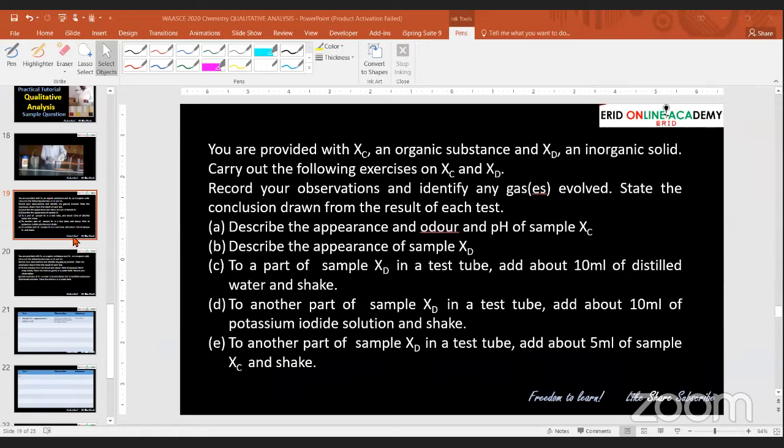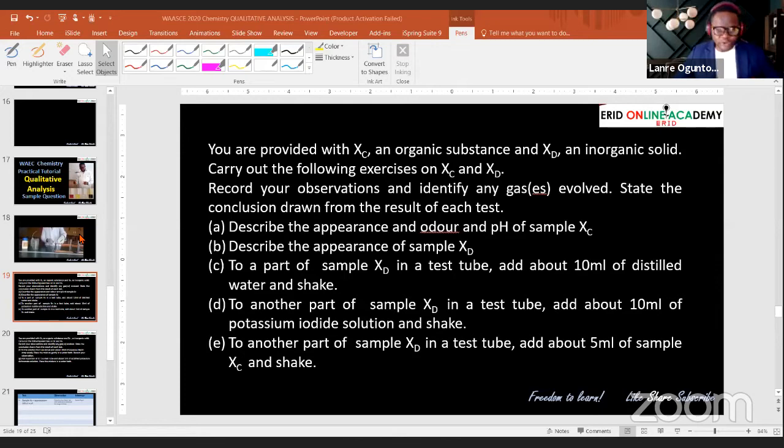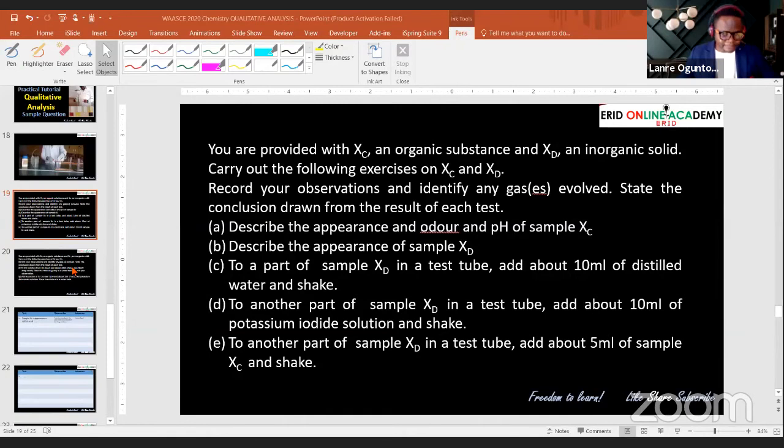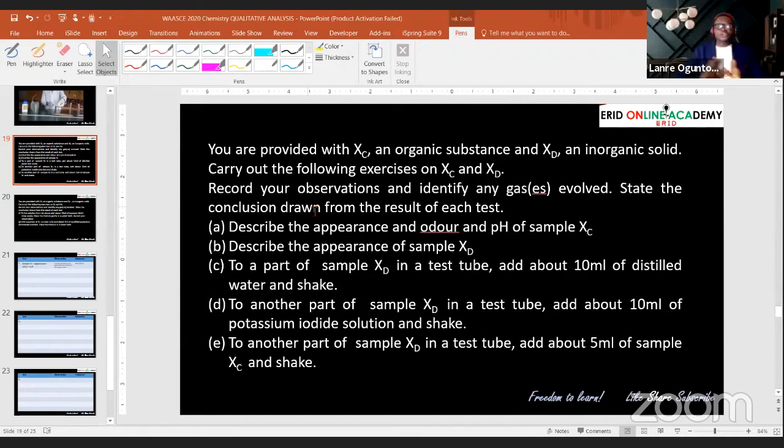For those that just joined us, we are looking at qualitative analysis, and how to move from the question that you are given to writing down your table of results and filling it. If you are given a question like this, the first thing you need to do is get your table of results.